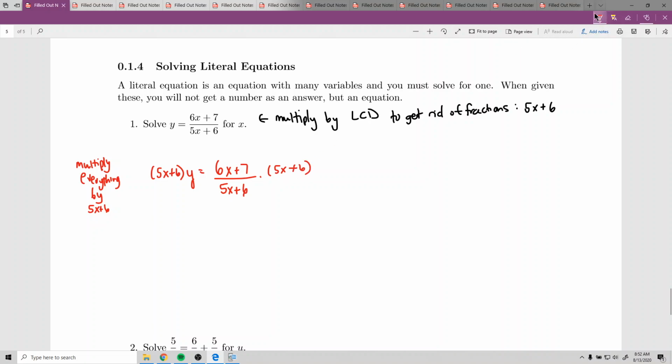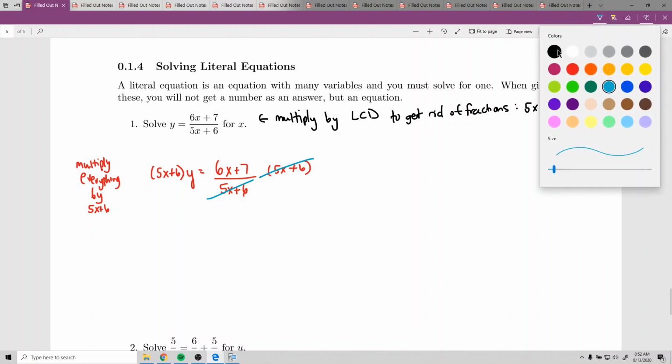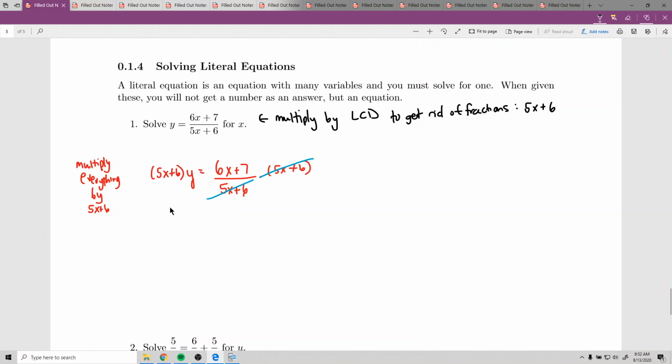We only have two terms. When you have a fraction you multiply through, you only do it once. And the 5x plus 6's cancel out on the right side. So for now we have (5x plus 6) times y equals 6x plus 7.